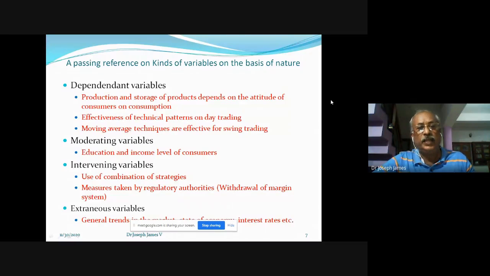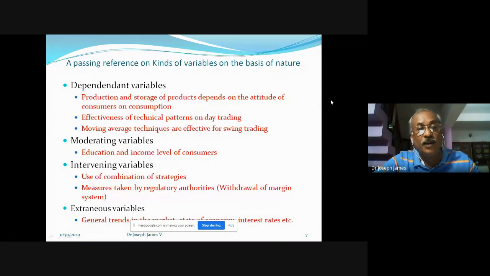Then another variable is the moderating variable. Moderating variable: education and income level of consumers will have an impact on production and storage of products. Even though it is not directly related, there is an indirect relationship.